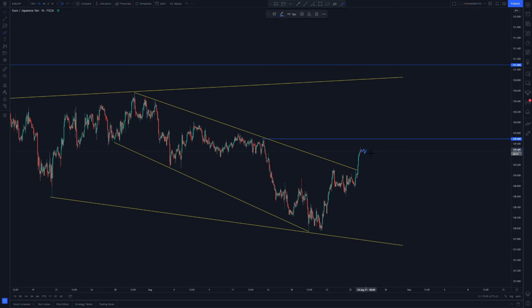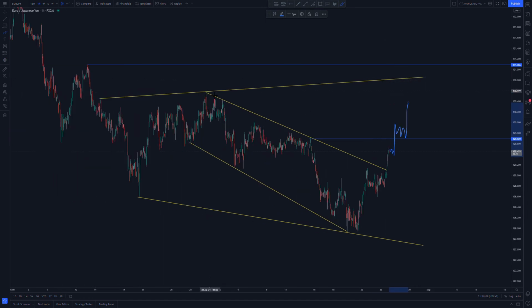Or we form something like this and continue to push to the upside like this, then this will be a lovely setup. Take it to the upside, targeting this high or this high here before the completion of the structure.